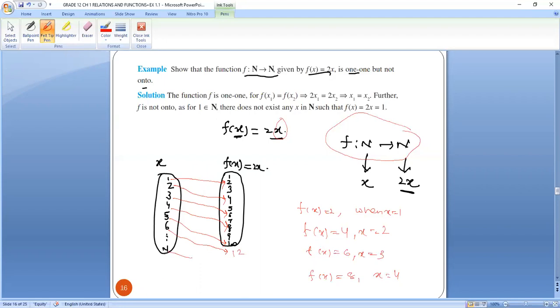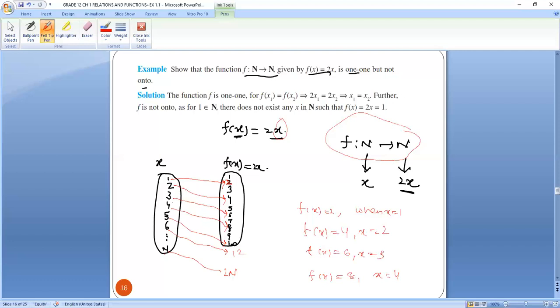This n will be going to 2n, which will also be a natural number, and so on up to infinity, right? Will you find somewhere that element 2 on the right hand side will be having two pre-images?